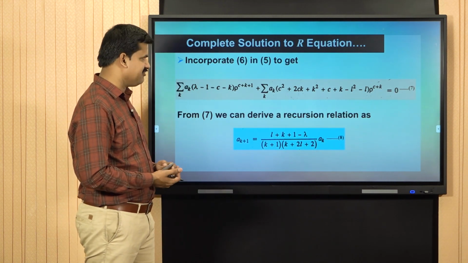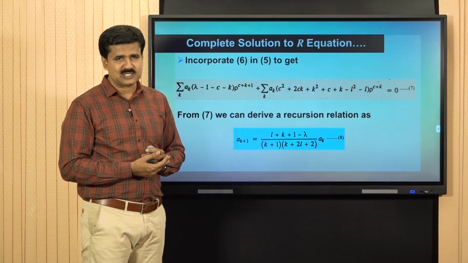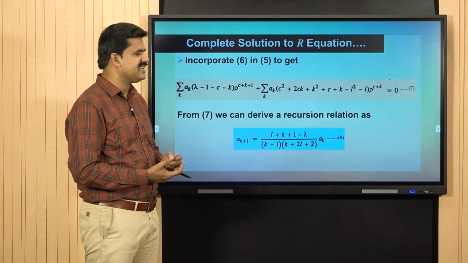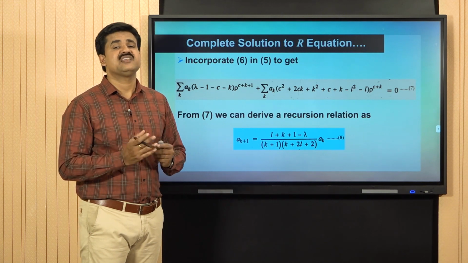From equation 7, on suitable modification and equating the coefficient to 0, we will get a new relation called the recursion relation. This recursion relation is very, very important.